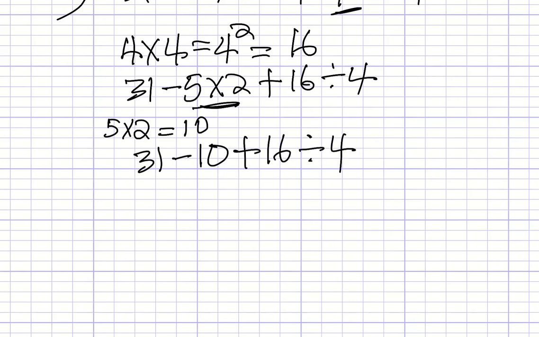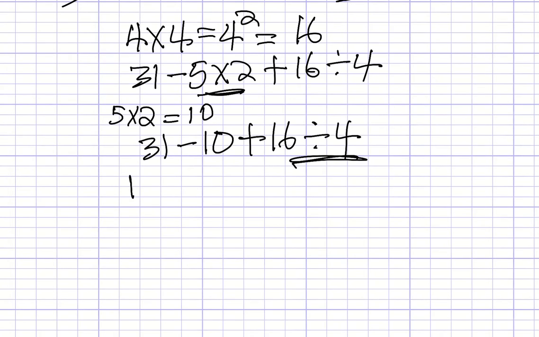Now what do you do next? You've got to do division. Don't do subtraction and addition. You do division right there, even though it's at the last. Going from left to right, you do whatever you're supposed to do first. 16 divided by 4 is 4. Then you write the problem: 31 minus 10 plus 4.